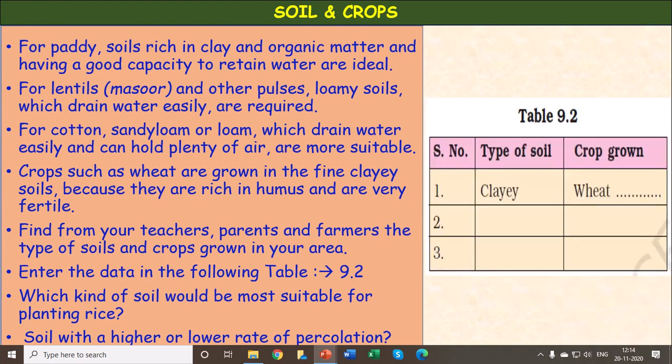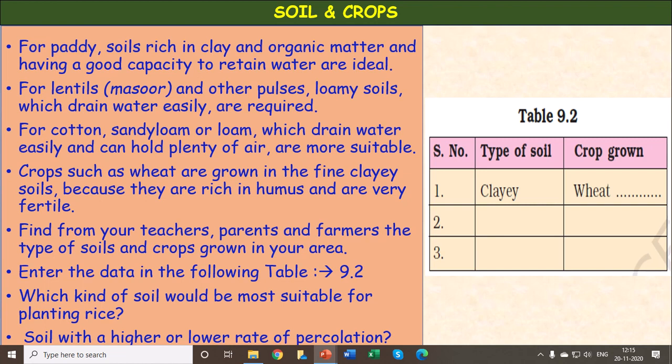So you can fill this table by collecting the data from the parents, from the teachers, and have a case study with the farmers. Visit the farmhouse and discuss with them the type of soil and the crop grown.